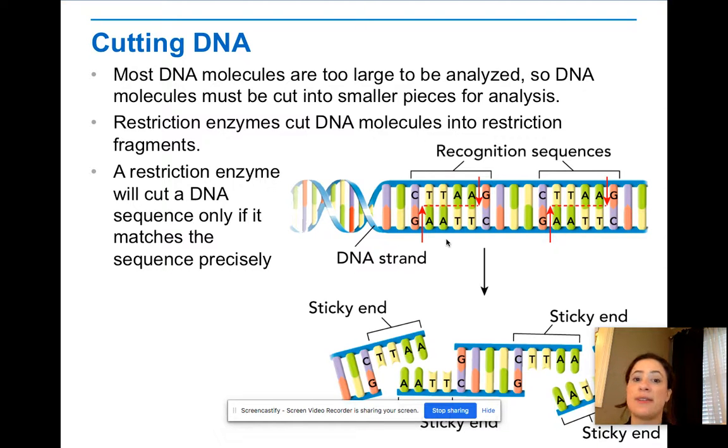A bacterial cell does not, it's one cell. So the bacterial cell has special enzymes that chop up foreign DNA. A bacteriophage is a virus that may invade the bacterial cell, and the bacteria has these restriction enzymes that cut the DNA as if they are molecular scissors, to disarm this viral DNA.